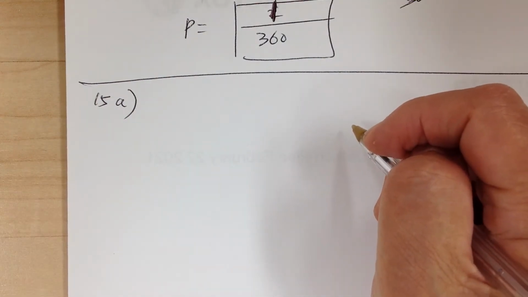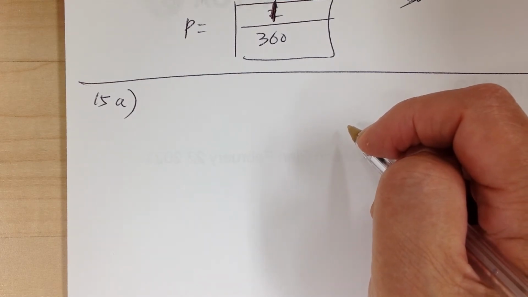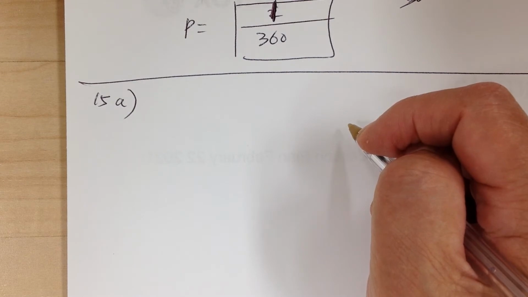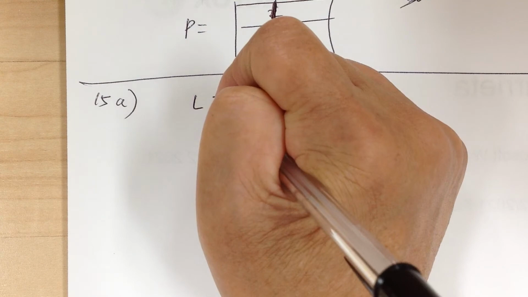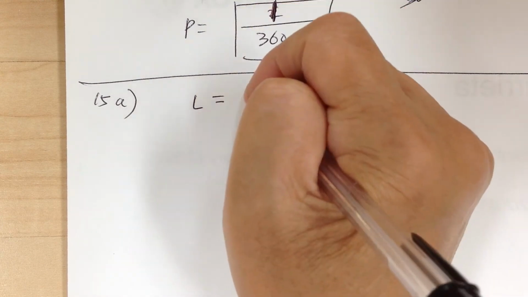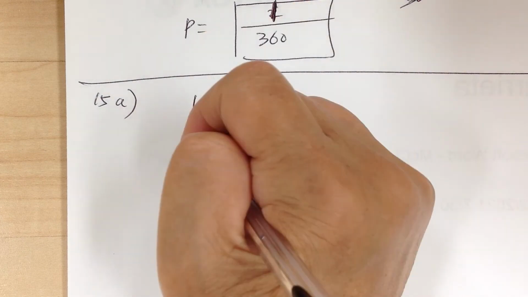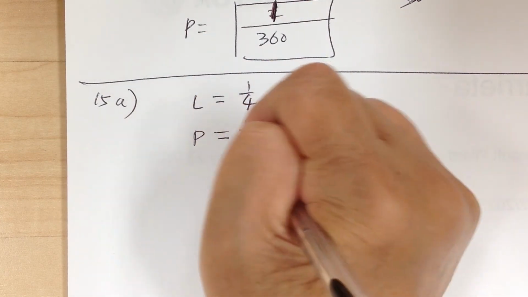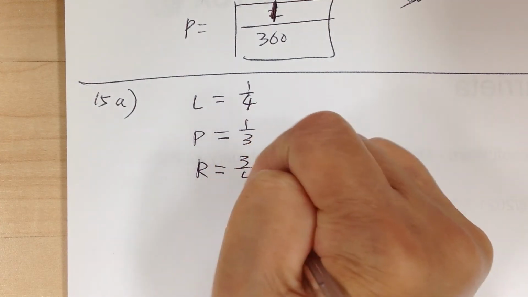Okay, so for this one, you have to list them out. The probability that Leon will ask Frank is 1/4, Paula asking Frank is 1/3, and Ray asking Frank is 3/4.